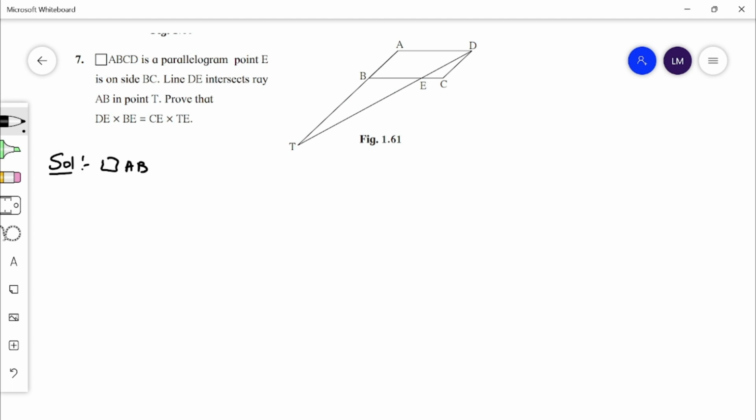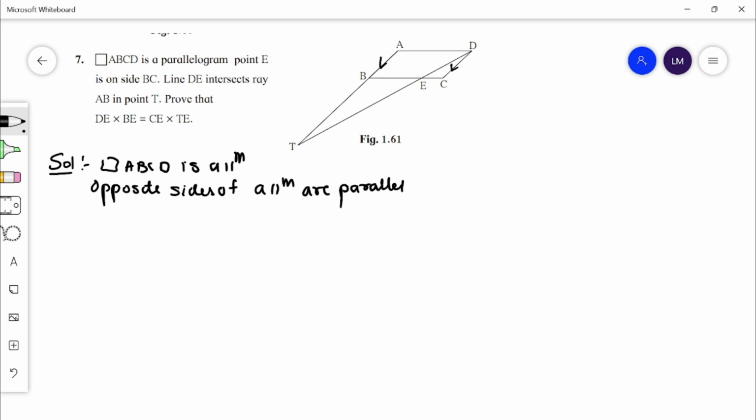Quadrilateral ABCD is a parallelogram, right? So if it is a parallelogram, we know that opposite sides of a parallelogram are parallel, right? So BA will be parallel to CD.